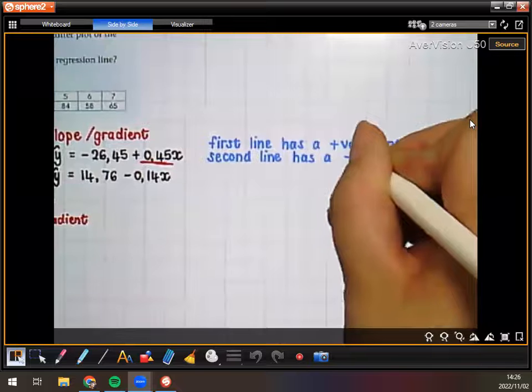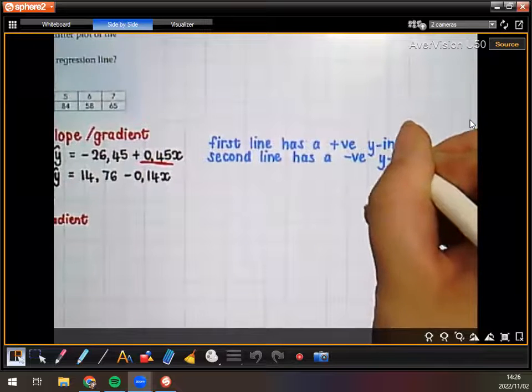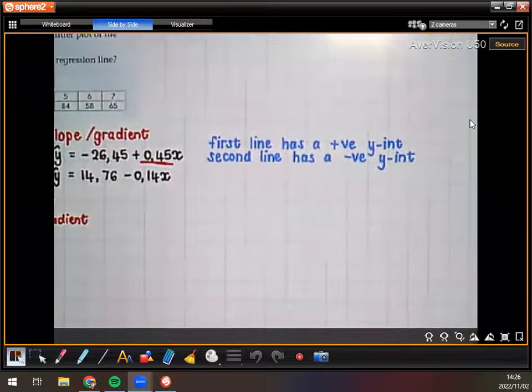Guys, with these types of questions where they ask you to compare things, especially in data handling, it's good to be as specific as possible, right? So like I said, if they're asking you to compare the two equations, you can't just say they're different. That's not actually an answer.